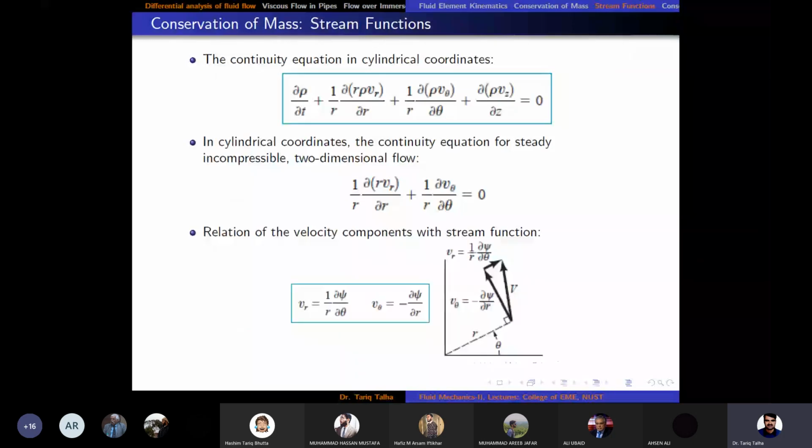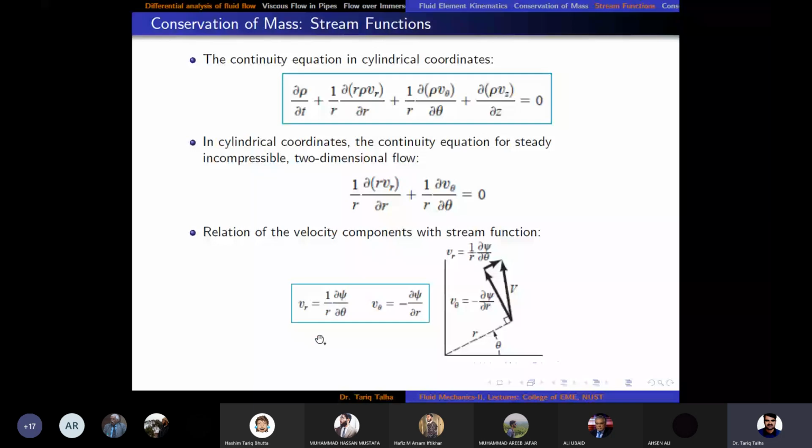As we discussed for the conservation of mass principle when we were deriving the continuity equation, the continuity equation can also be derived for cylindrical polar coordinates. Similarly, the stream function can also be defined for cylindrical polar coordinates.